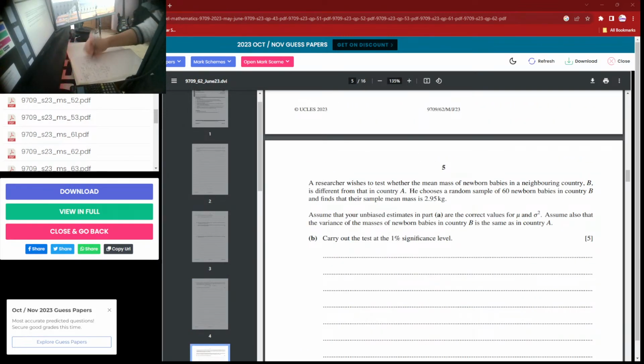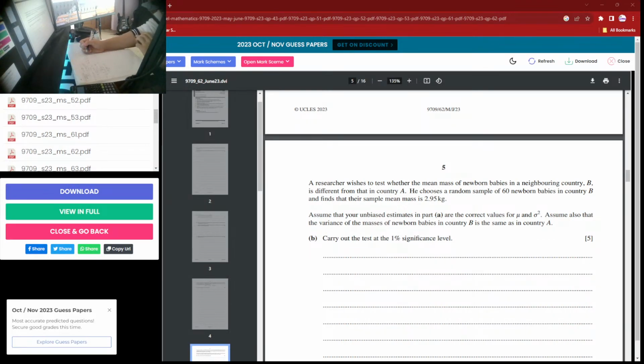For B, carry out the test at the 1% significance level. A researcher wishes to test whether the mean mass of newborn babies in the neighboring country B is different from that in country A. He chooses a random sample of 16 newborn babies in country B and finds that their sample mean mass is 2.95.